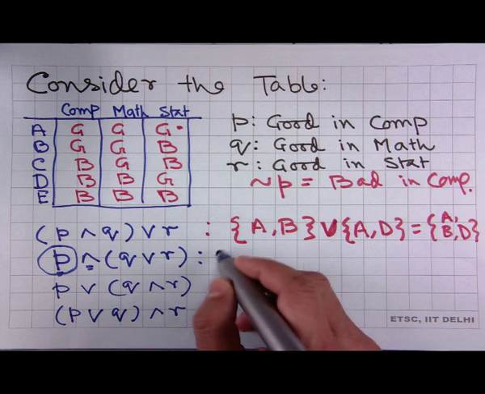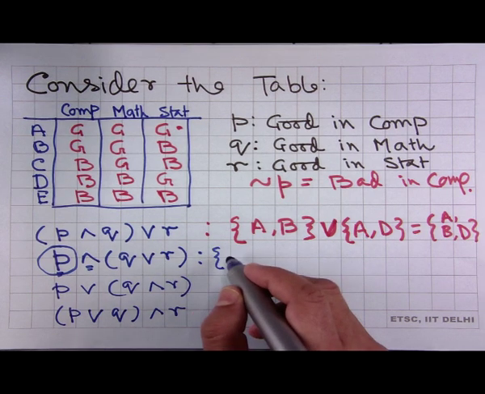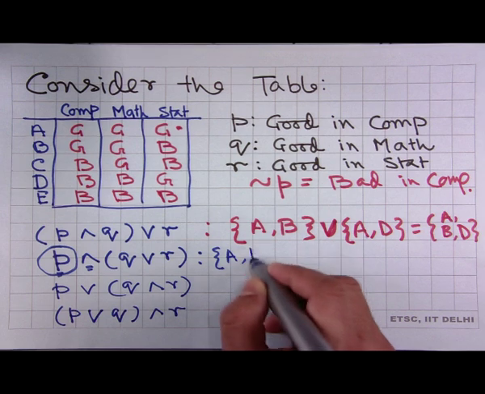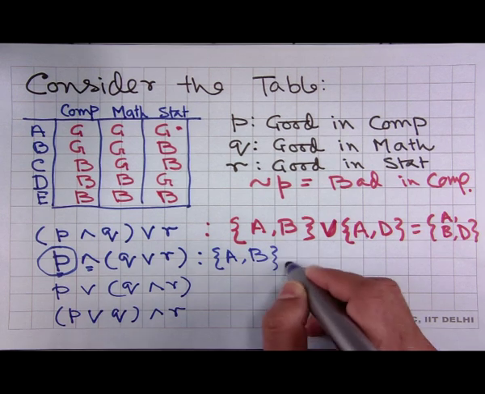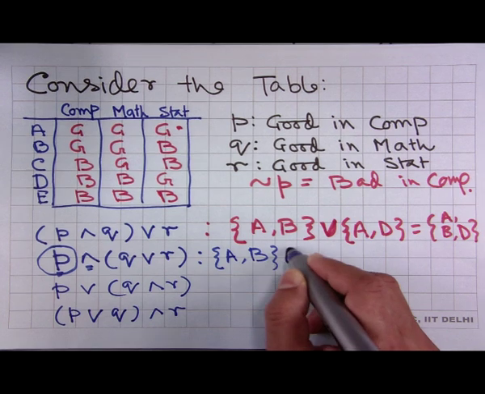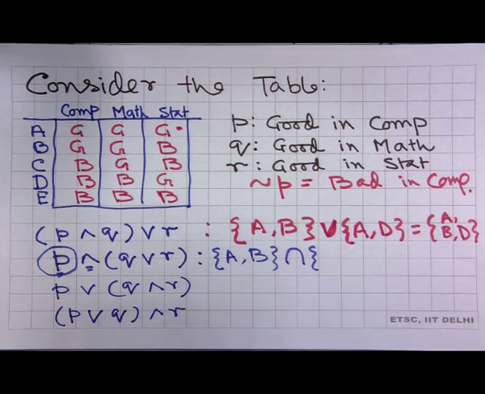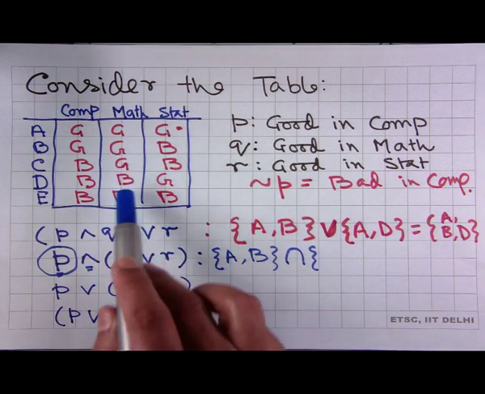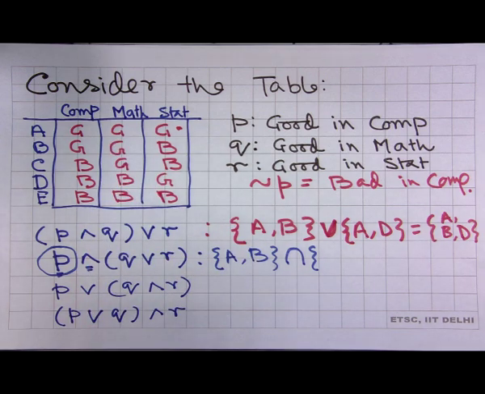So, P is satisfied by A, comma B, intersected with Q or R. That means somebody who is good either in maths or in stat or both.